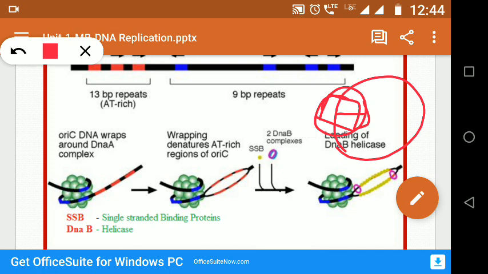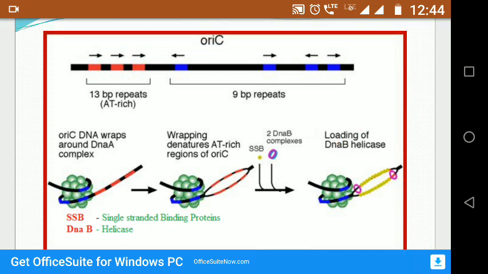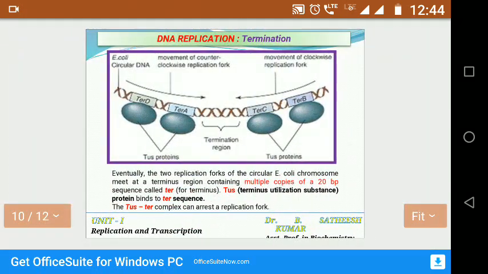Before discussing the initiation process elaborately, we must have some knowledge about some of the proteins which are involved in the initiation of the replication process.